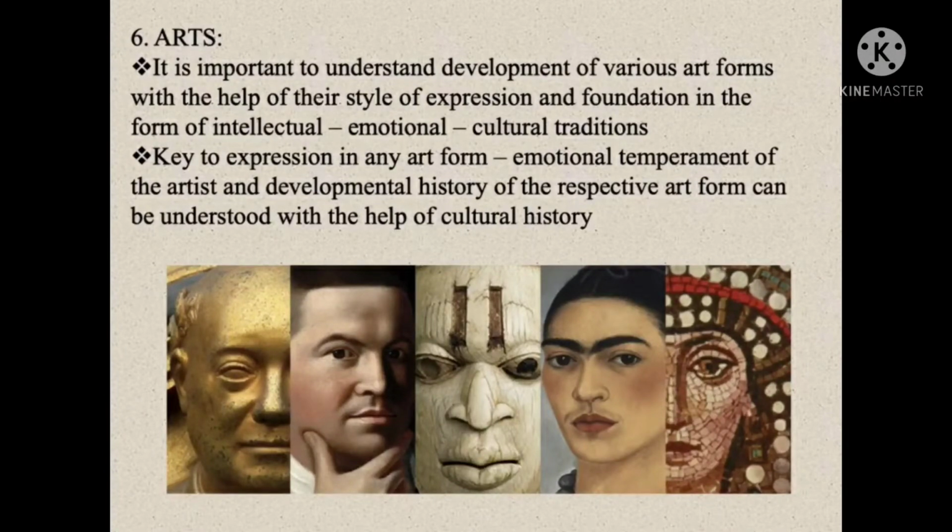That if we want to express any art form like painting, dancing, music, we should have feelings and emotions. Then only the developmental history of the respective art form can be understood with the help of cultural history.